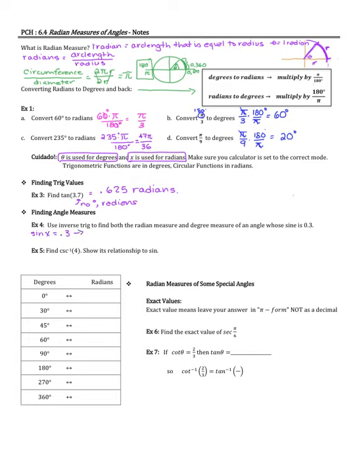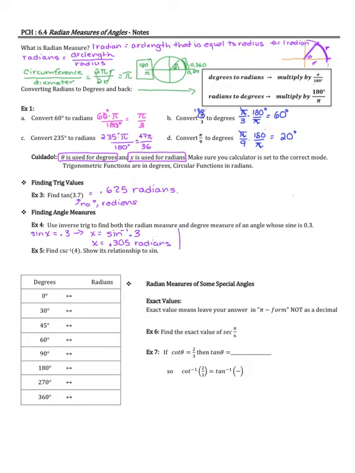In radian mode, I would say x equals inverse sine 0.3. So second sine 0.3, and I get 0.305 radians.